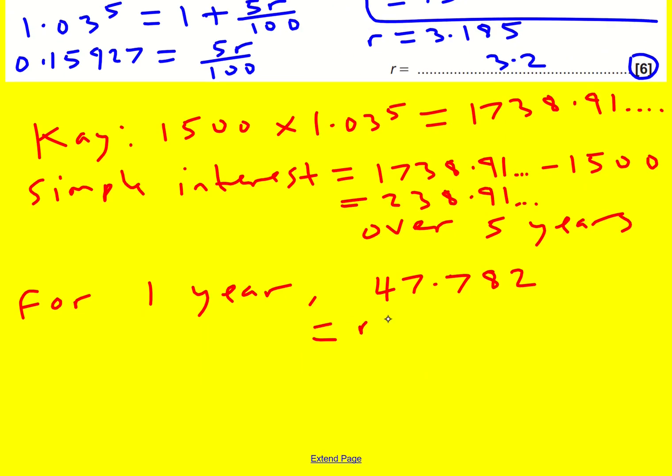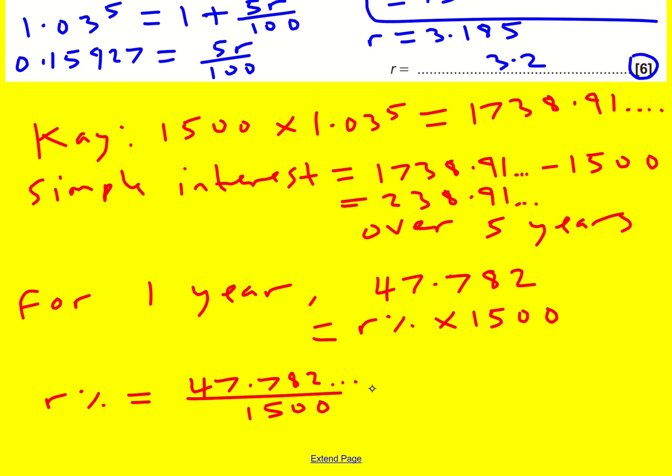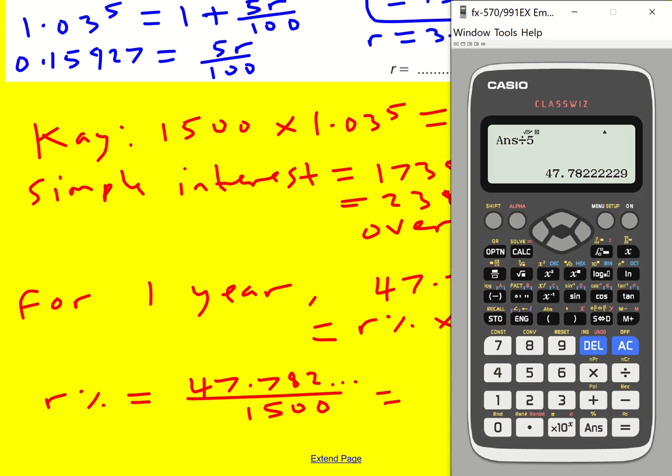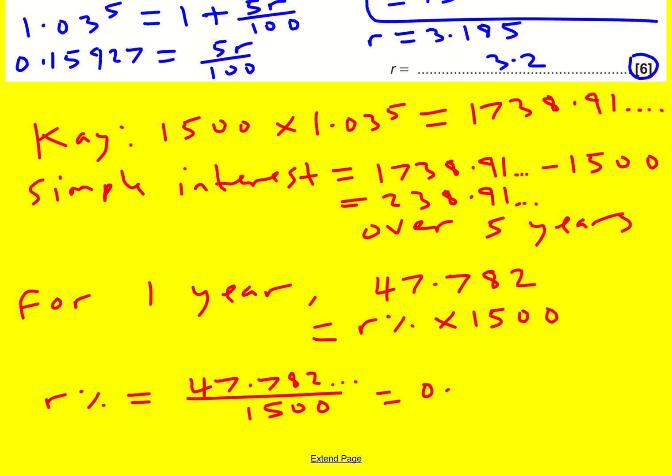So this is equal to R% times 1500. So R% is going to equal 47.782 divided by 1500. You might find this just intuitively a little bit simpler. 0.03185. And then to get R, because that's actually R over 100, I would multiply through by 100 and I'd get my 3.185 again, and then I'd get my 3.2.